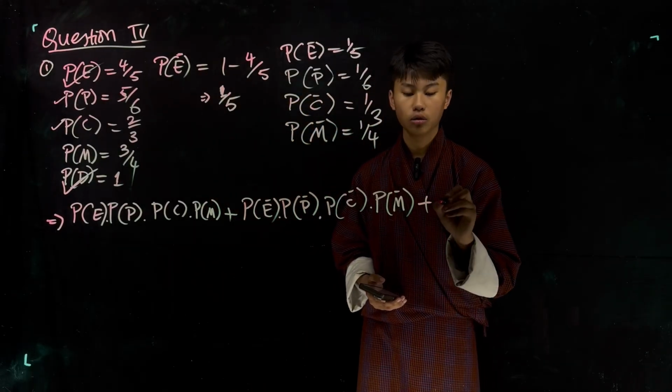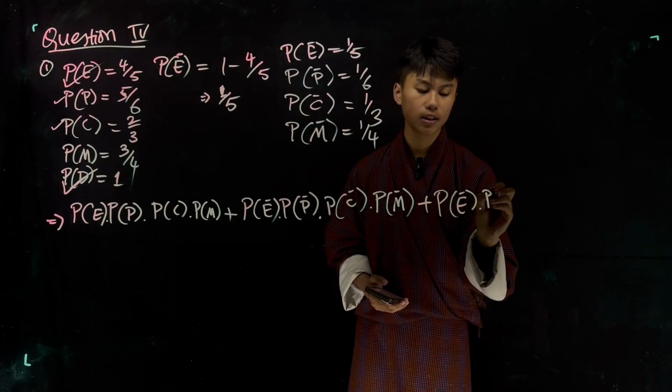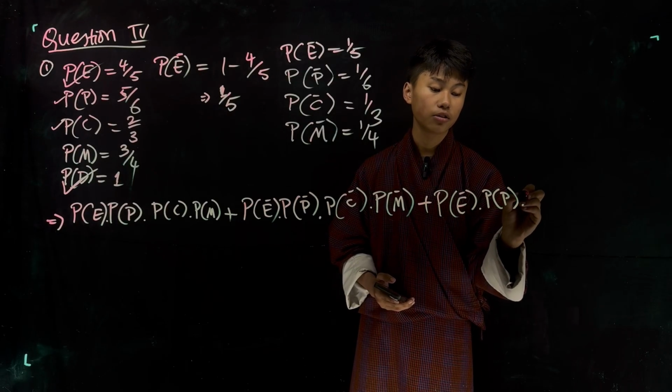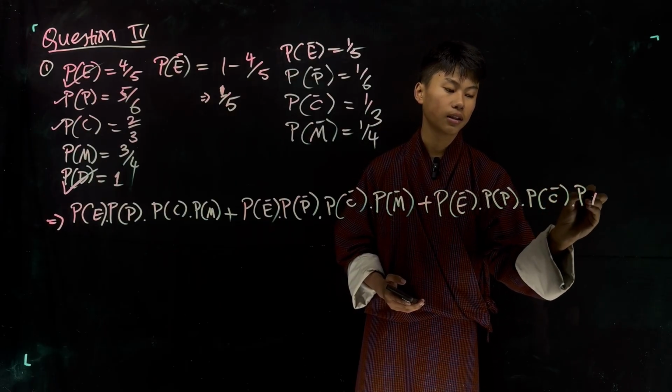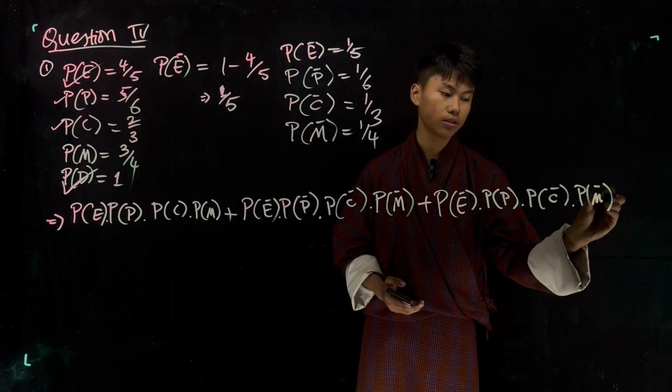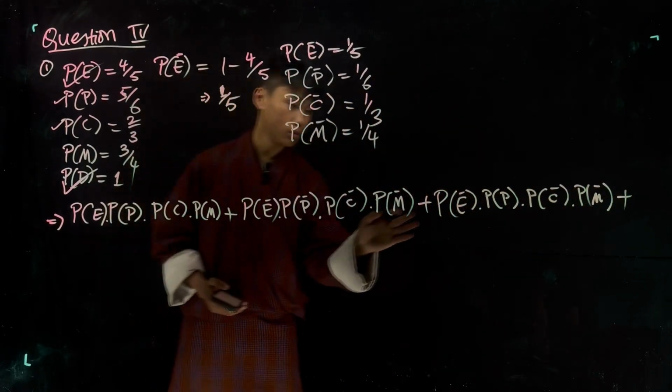Next, he could pass in English and pass in physics, but fail in chemistry and pass in mathematics, and he would still receive a pass certificate.